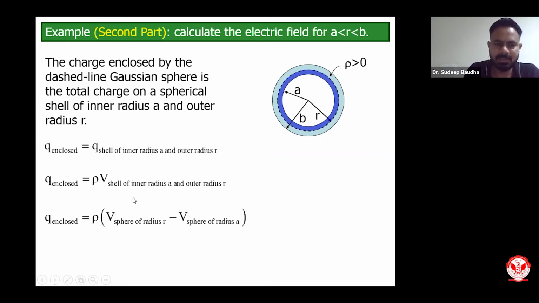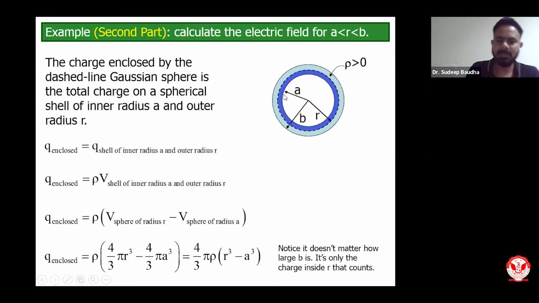I can simply write rho into V of the sphere of radius R minus the sphere of radius A. I will get this particular volume. So I can do the math and find out the charge enclosed by that particular volume, which will be equivalent to 4 by 3 pi rho into r cube minus a cube.